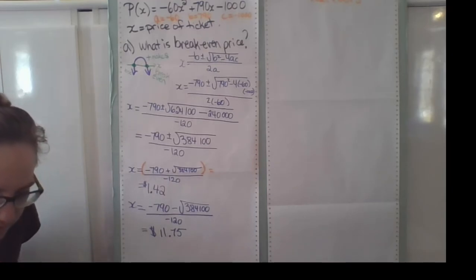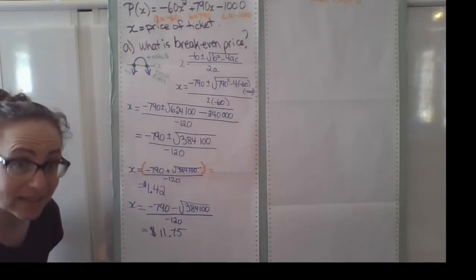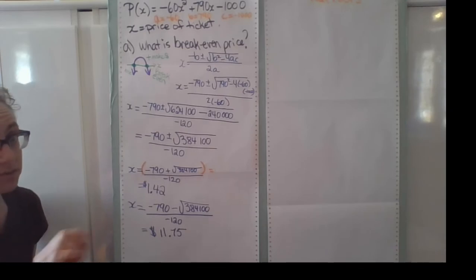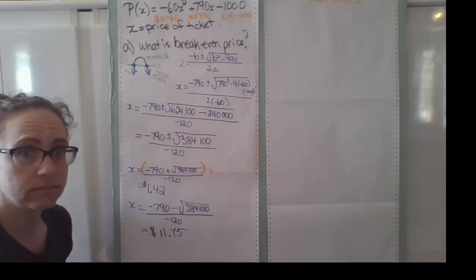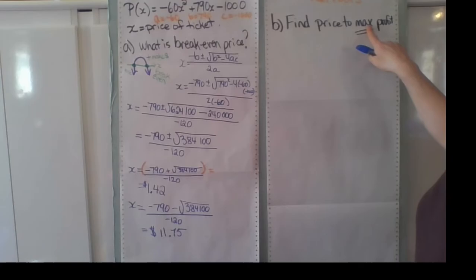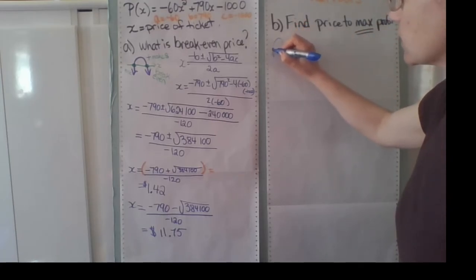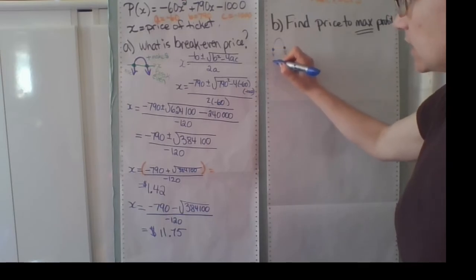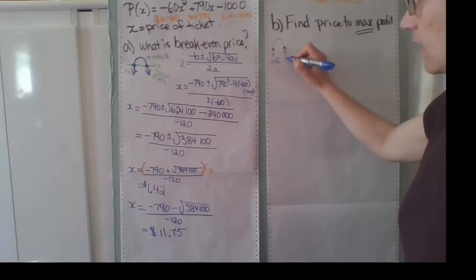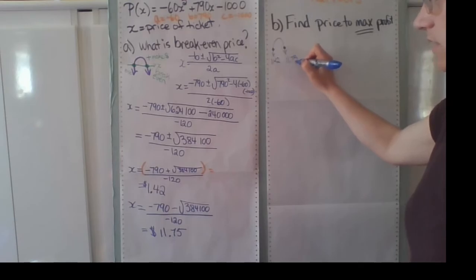The question goes on to ask a part B, looking for a maximum. We've got a few different options there, so let's get ready for that one. All right, so to find the price to maximize profit, we've already got our zeros. We know one zero is at $1.42 and the other one's at $11.75.